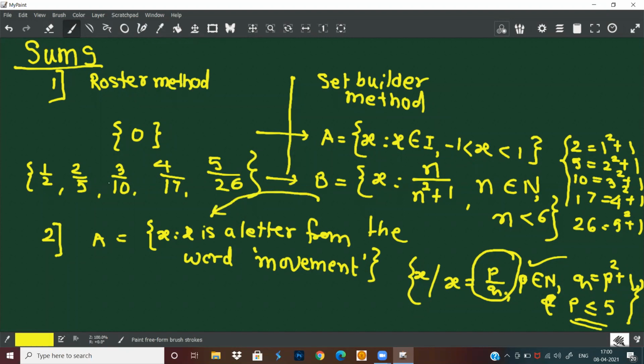You have to get this in roster form. Roster method. M आएगा, O आएगा, V आएगा, E आएगा, M फिर से नहीं आएगा, E फिर से नहीं आएगा, N आएगा, T आएगा. Very good Yash.